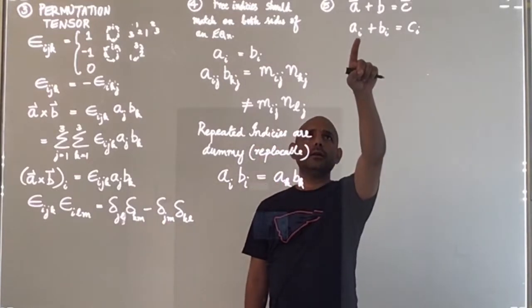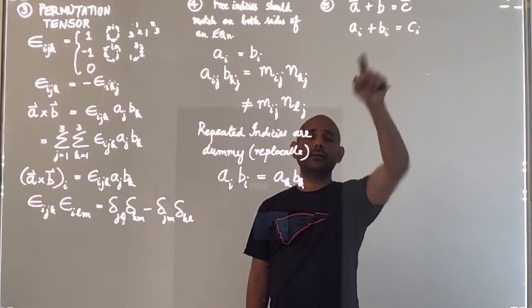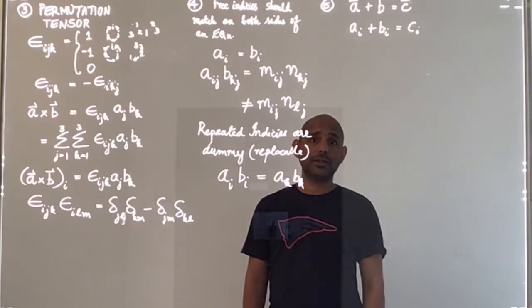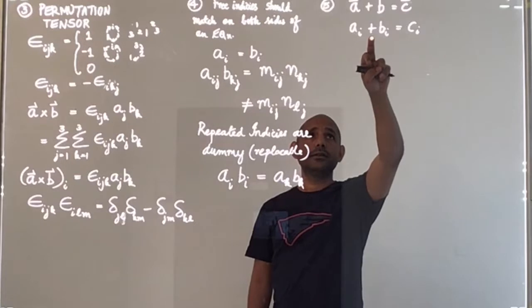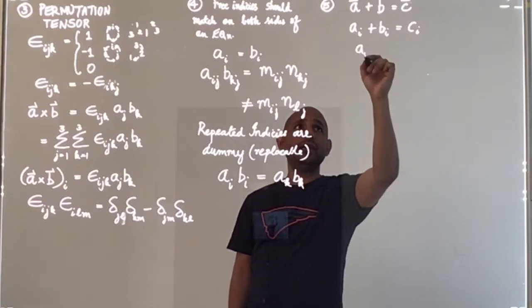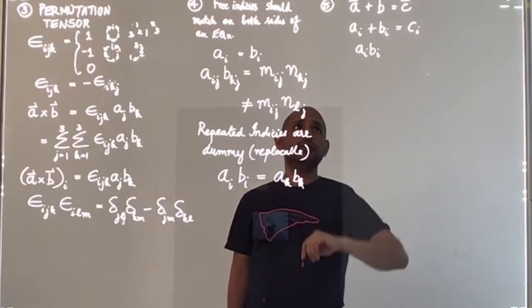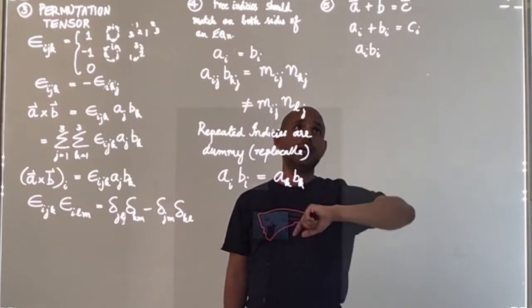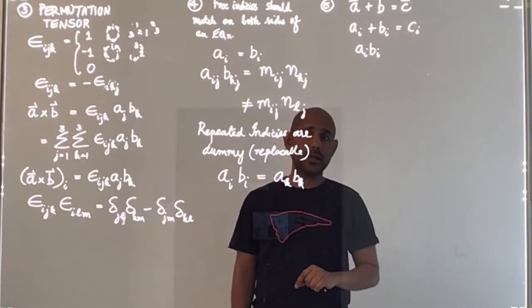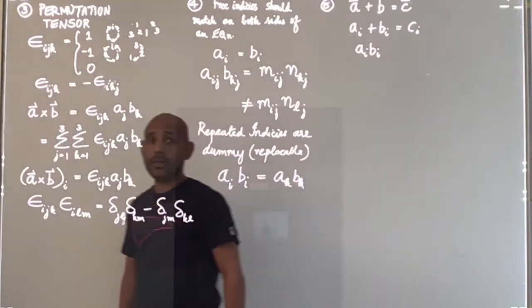Note, even if you have two i's here, that doesn't imply summation because they are separated by an operation. So if you had a_i b_i, then that implies summation. But a_i plus b_i does not imply summation. Just a subtle thing to keep in mind.